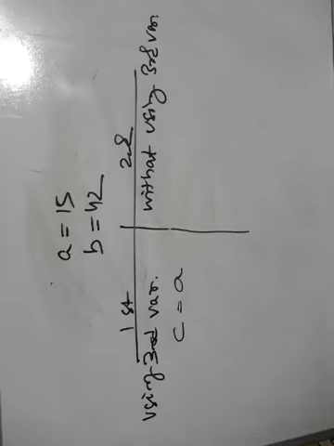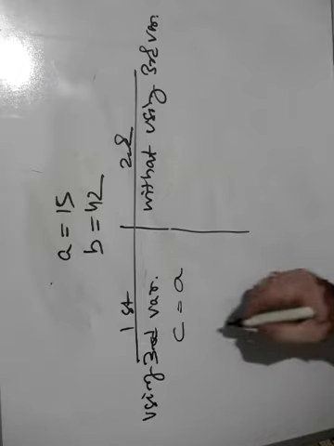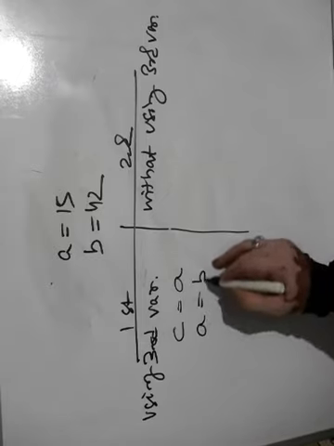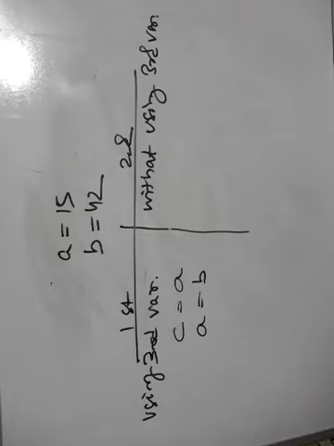In this case A becomes empty because A's value gets stored in C. So now A is empty, so let's bring the B value to A. We write A equal to B. The value of B, that is 42, comes to the variable A. So A becomes 42; previously it was 15, and we moved 15 to C before.